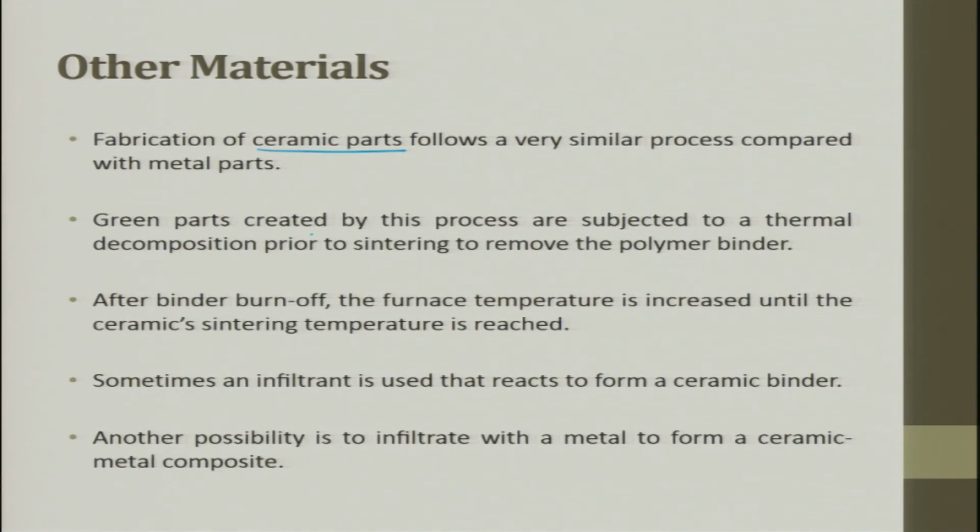The green parts created by this process are subjected to a thermal decomposition prior to sintering to remove the polymer binding. After the binder burns out, the furnace temperature is increased until the ceramic sintering happens. Sometimes an infiltrant is used, a reactant to form a ceramic binder. Another possibility is to infiltrate with metal to form ceramic metal composites.